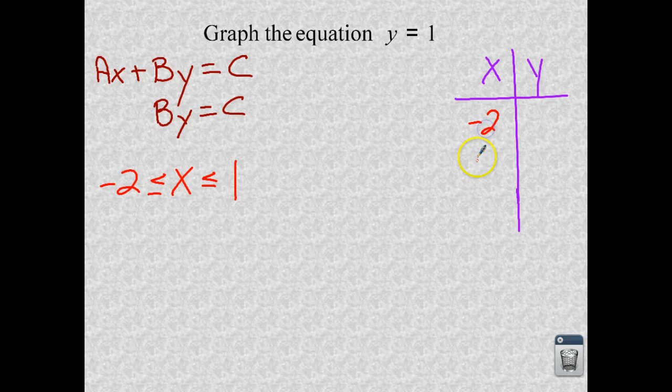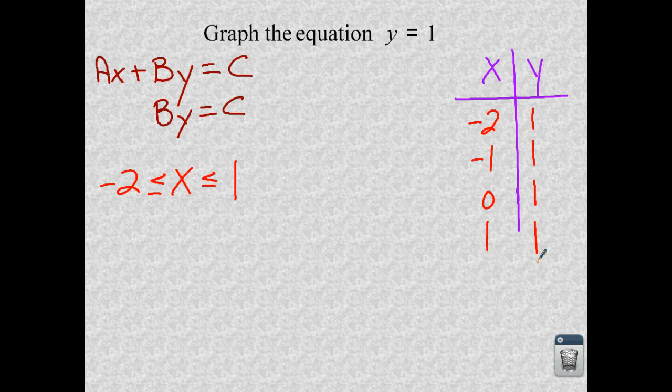All right, -2, -1, 0, and 1. And then we don't even have to do any math here because it says right in the equation, y is always going to be equal to 1. So y is 1, y is 1, y is 1, and y is 1.